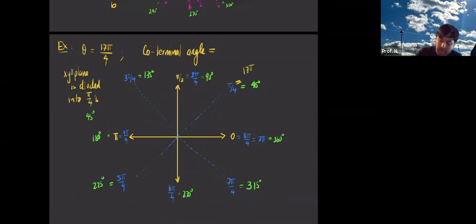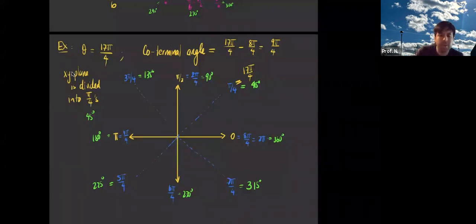pi over 4. So in this case, I had to subtract 17 pi over 4 by 2 pi and then by another 2 pi. So if you notice that 17 pi over 4, I can subtract this by 8 pi over 4, which is the same thing as 2 pi, and then I get 9 pi over 4.